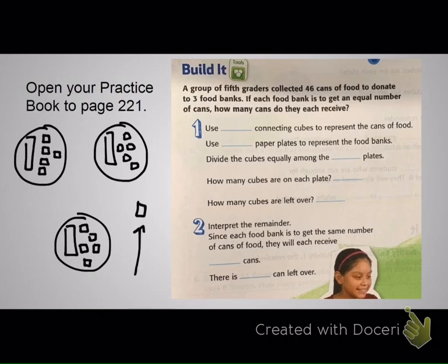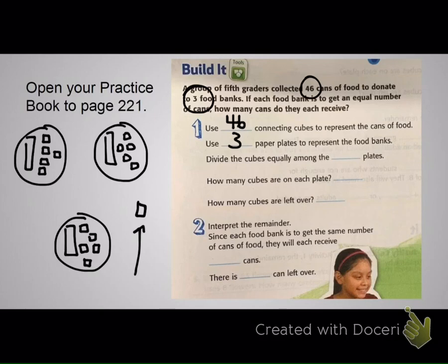That is my leftover. So we are going to be using 46 cans, right? That's what we ask you to do. And we're going to use, how many paper plates? What's the number of food banks? That's going to be our paper plates. We're going to use 3 paper plates for that.